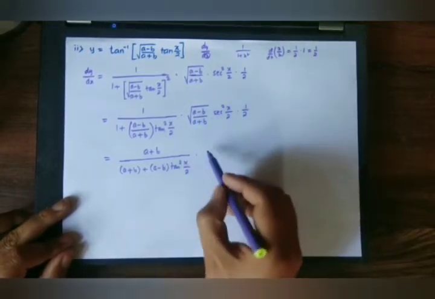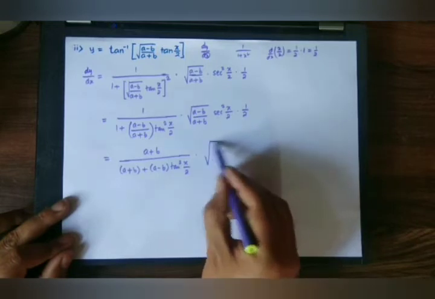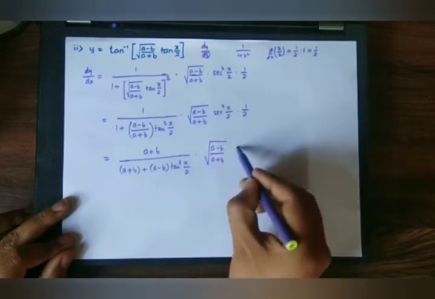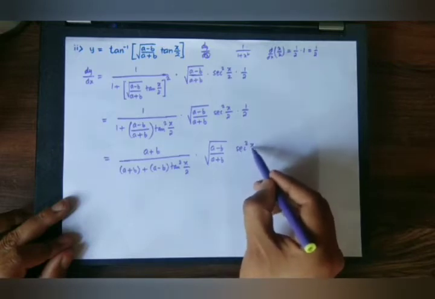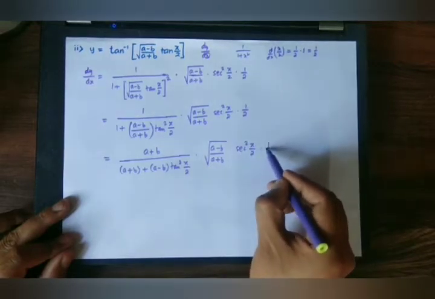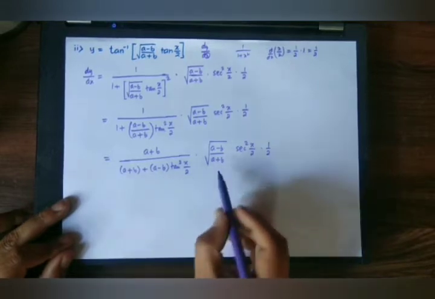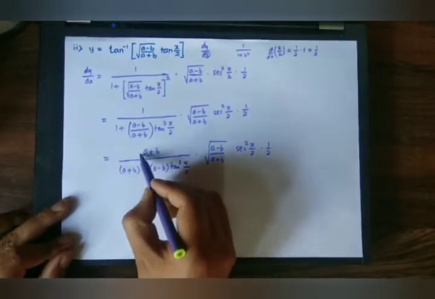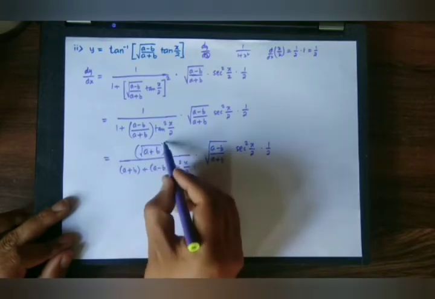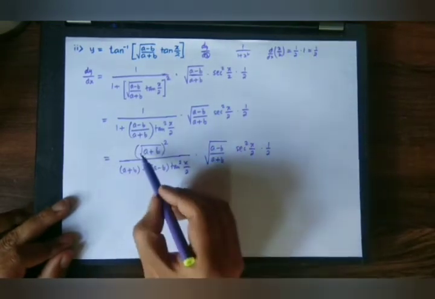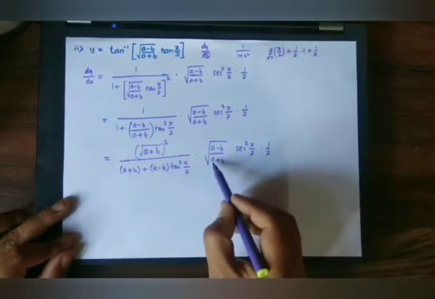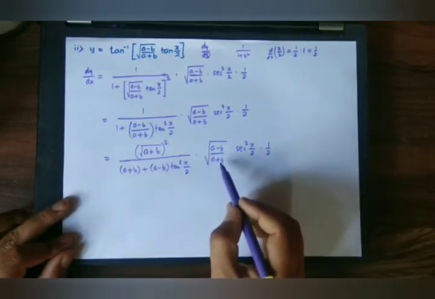Now the remaining thing is again the same, that is root over a minus b by a plus b sec square x by 2 into half. Now in the numerator we have got a plus b, right? And this a plus b can in fact be written as root over a plus b whole square. So here also in the denominator you have got root over a plus b, right?